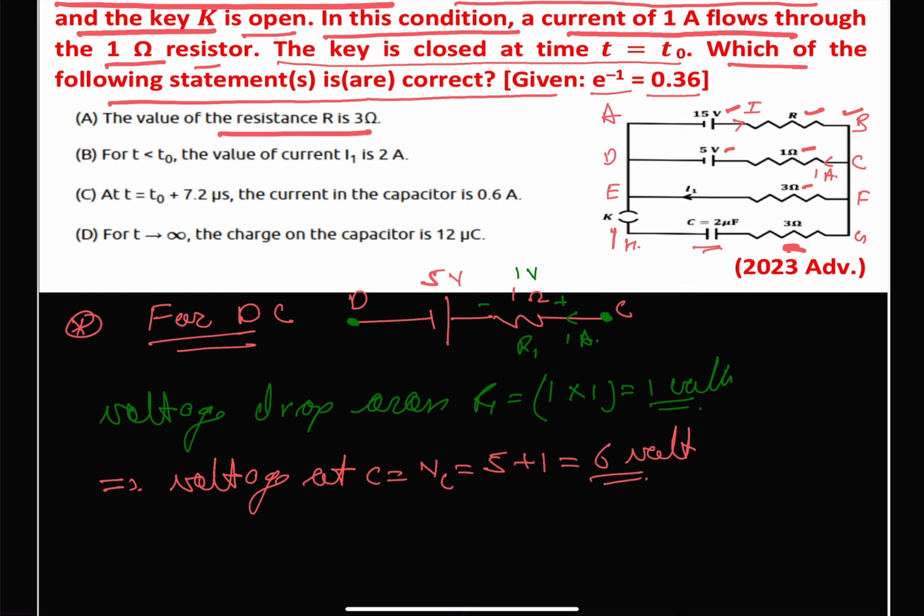From the figure, we can see that C, B, F and G are all at the same potential. We found the potential at C is 6 volt. So potential at B will also be 6, potential at F will also be 6, as well as the potential at G. Similarly, on the other end, potential at A will be 0, D will also be 0 and E will also be 0, and this is when our key is open.